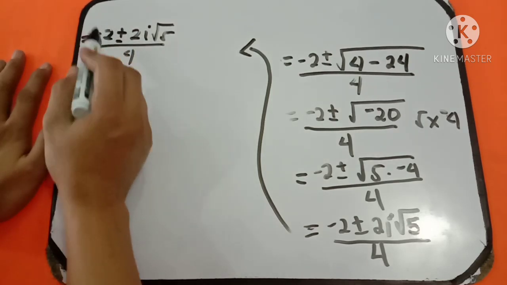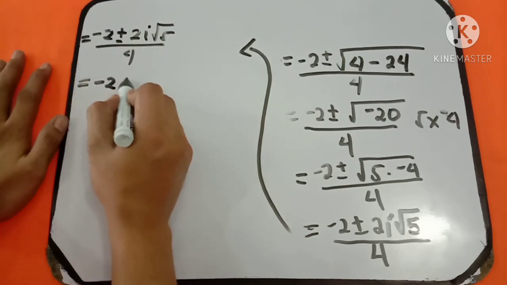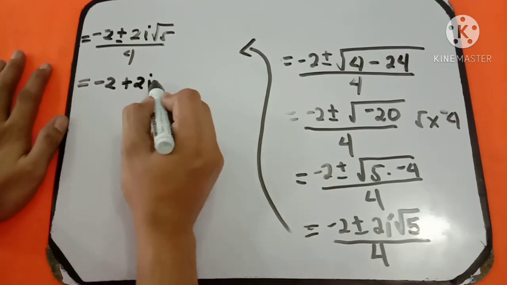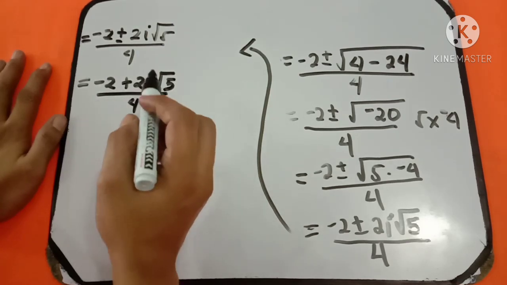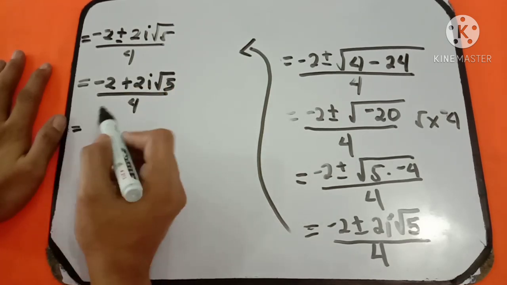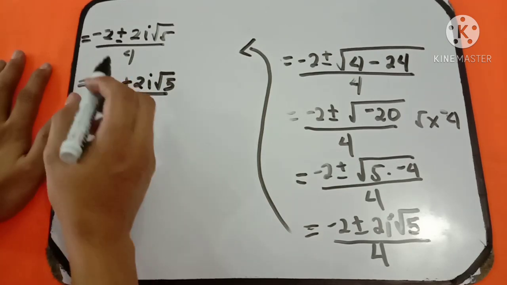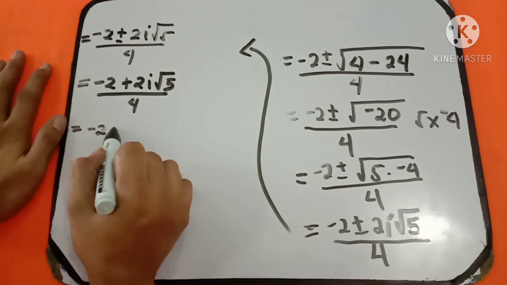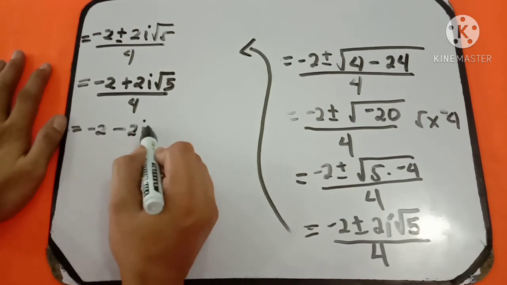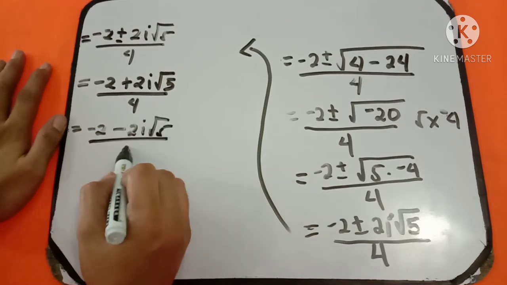We simply copy this one, negative 2. Then, I take the positive 2i square root of 5 over 4. Then, the other one, for the negative, I also copy this negative 2 and I take the negative 2i square root of 5 over 4.